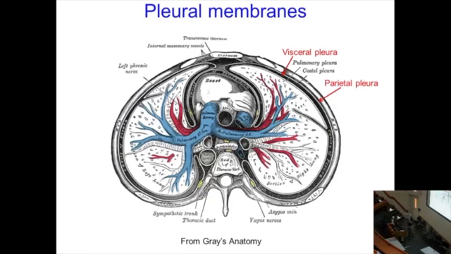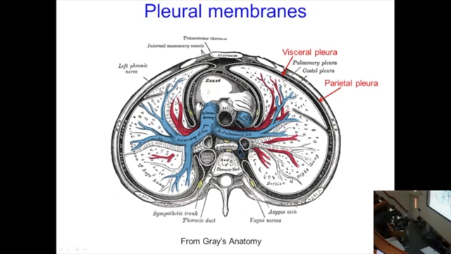Okay, so this is a cross-section of a human being, and it shows that things are unfortunately a little bit more complicated than the balloon that we drew. Okay, so we have the lungs surrounding the heart, and the lungs are entirely enclosed in a pleural membrane called the visceral pleura.